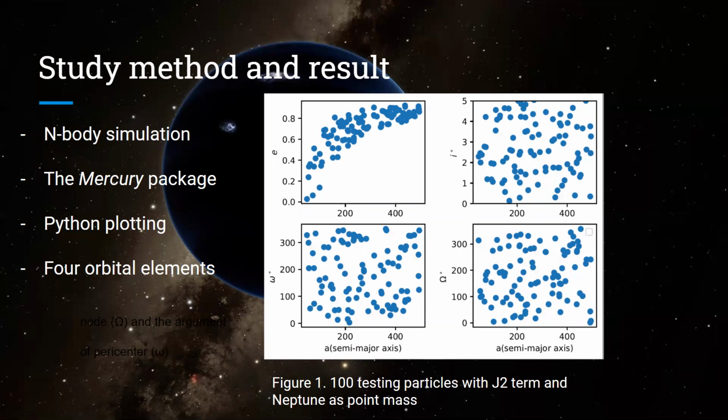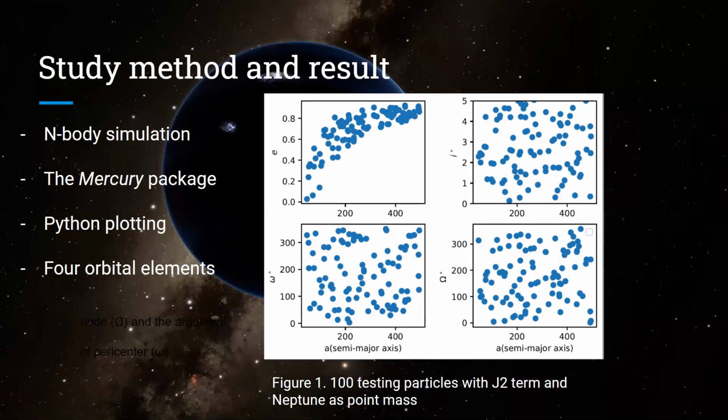We had a lot of graphs generated from this project, but for the sake of time, I will show you just one of them. This figure shows 100 testing particles with the J2 term and Neptune as a point mass. You can see the four orbital elements versus the semi-major axis. In a nutshell, the results show a few things.